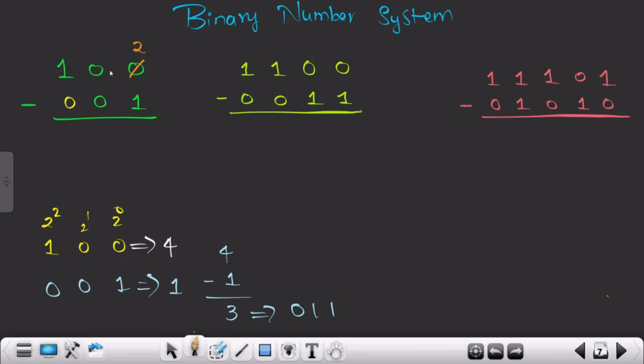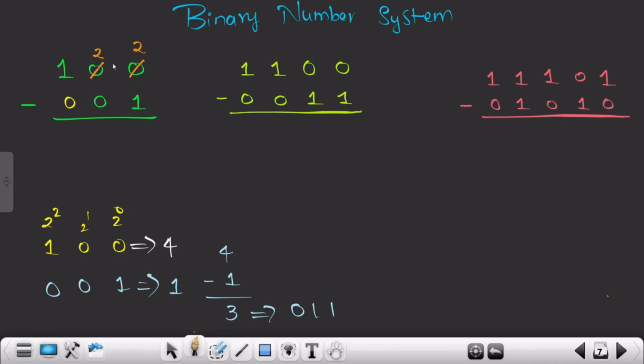Okay, all right. So now how did it become 2? By borrowing one from this particular digit. So this should be 2 again. Let me explain this point.